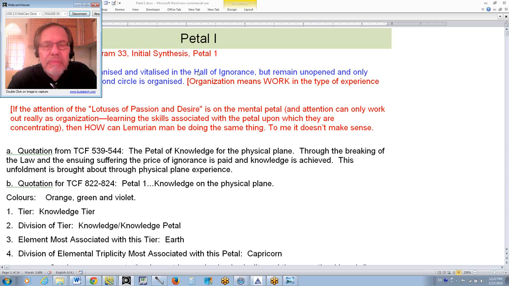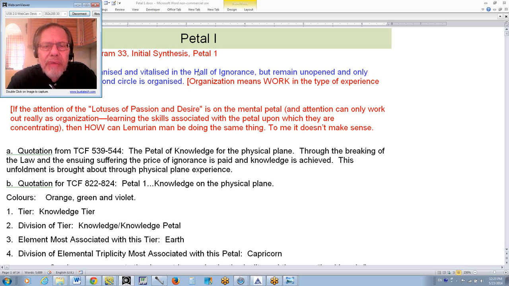The quotation from 539 to 544, the Petal of Knowledge for the Physical Plane, through the breaking of the law, Mars, Saturn, and the ensuing suffering, Saturn again, and Pisces. The price of ignorance is paid, Saturn, and knowledge, third ray, is achieved.